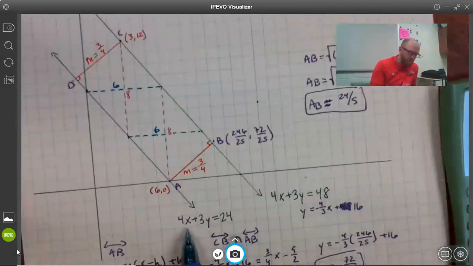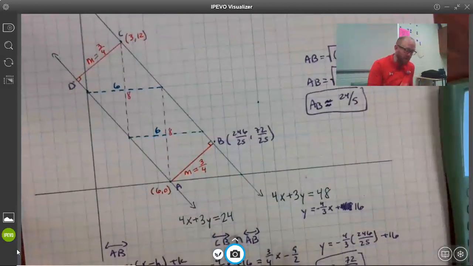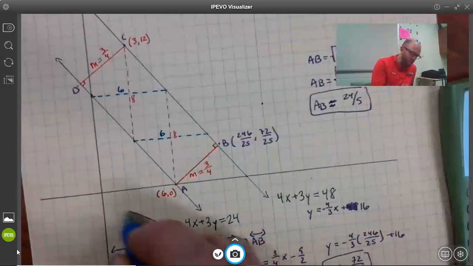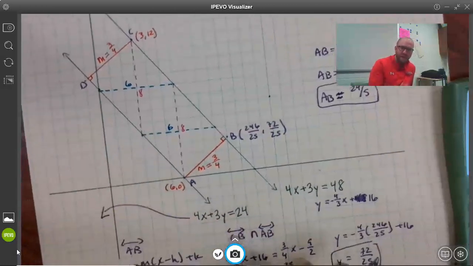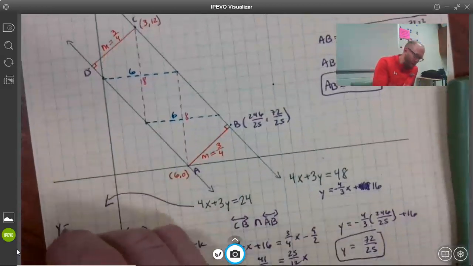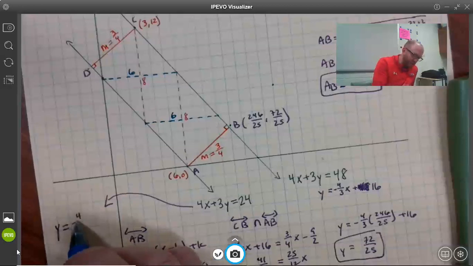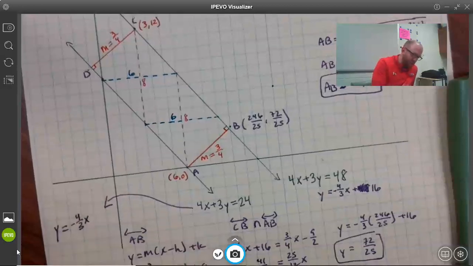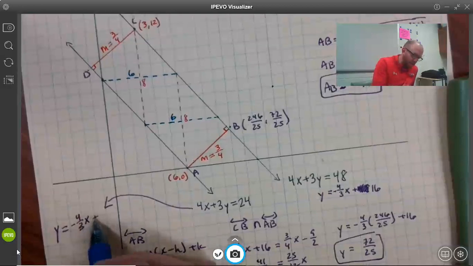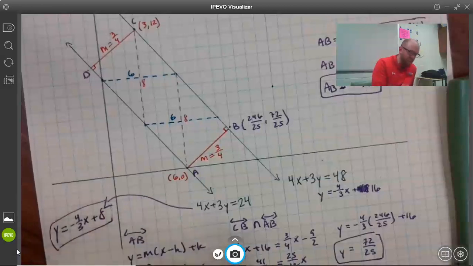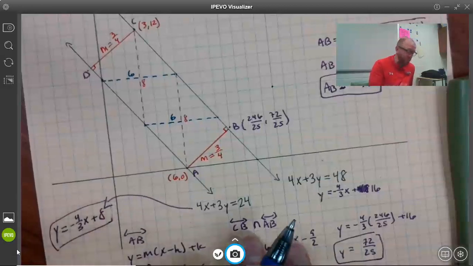We're going to have to rewrite this in y equals mx plus b form. Y equals negative 4/3 x plus 8. So very similar to the last one, except the y-intercept is different.